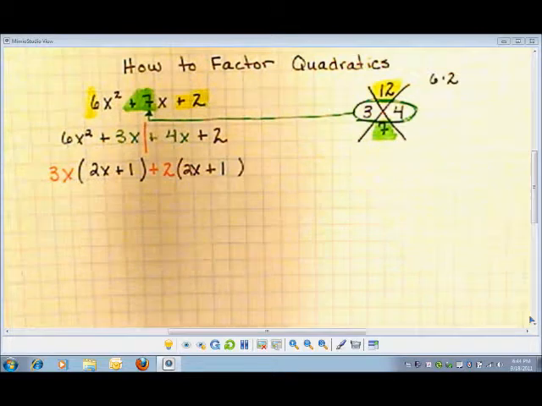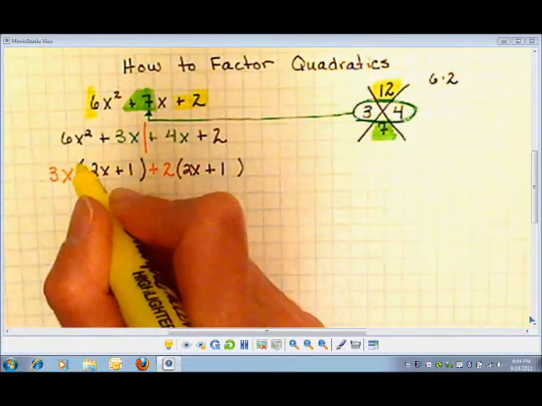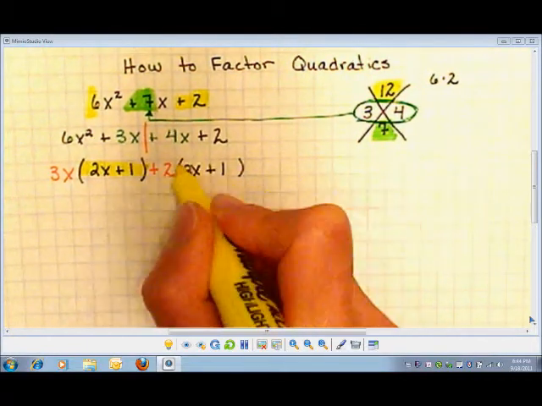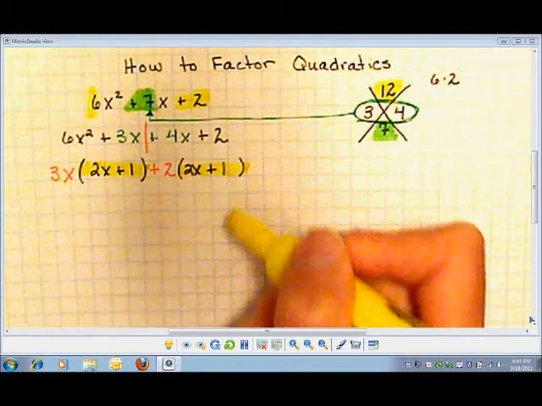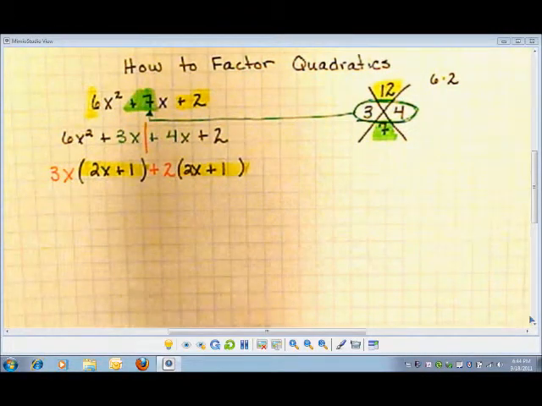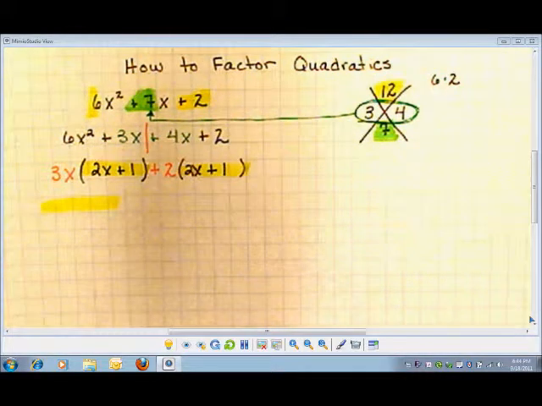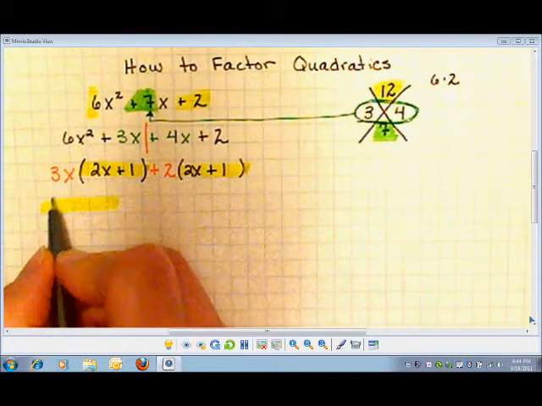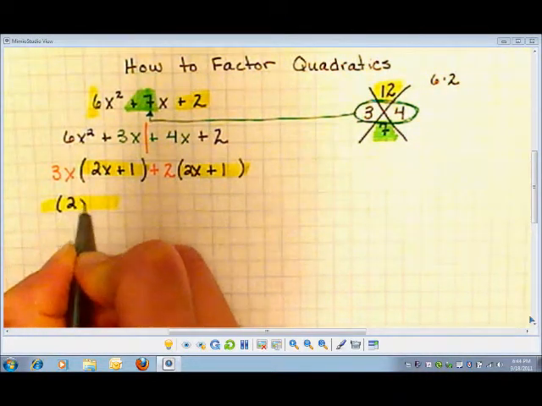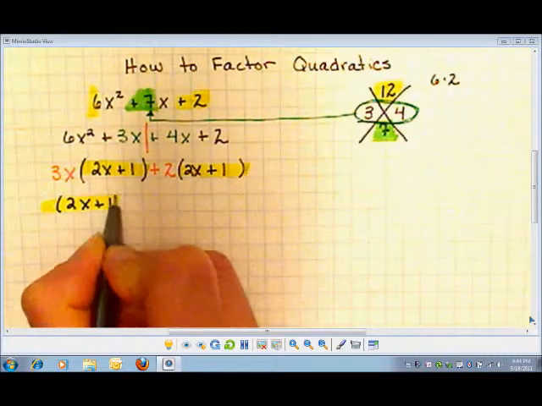So take note. Do you see anything that's the same? Well, this binomial is the same as this binomial, which means I can factor that out. So I'm going to factor out that binomial, which is 2x plus 1.